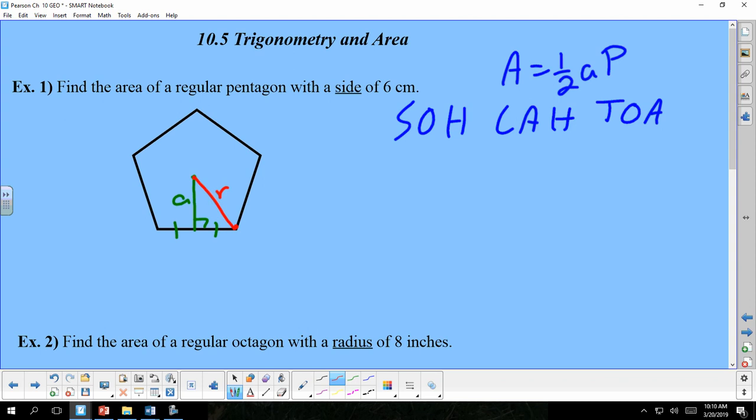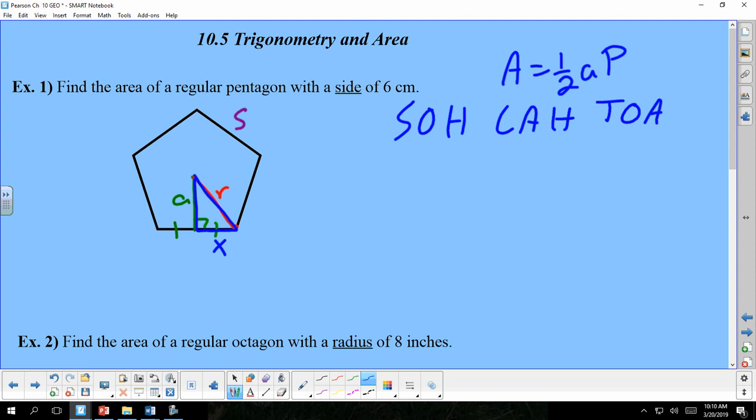Or I just need a side length, that S there. When I'm doing these calculations, though, I'm going to be dealing with this triangle right in here, and therefore, I'm going to be dealing with half of the side length for the most part.